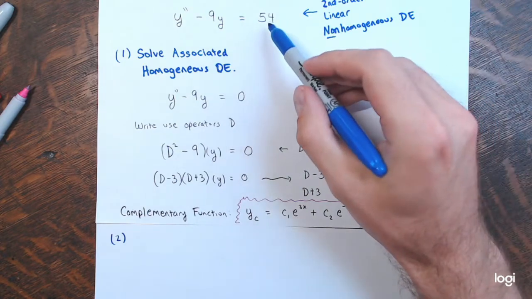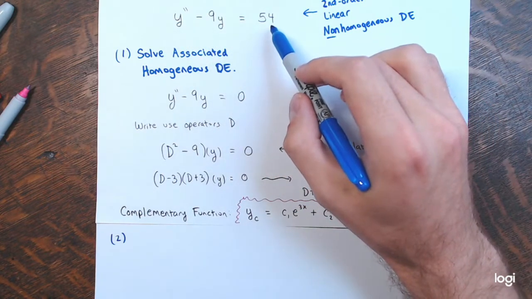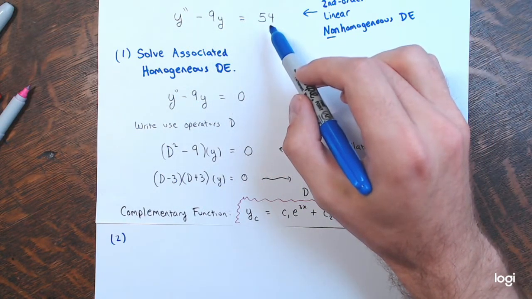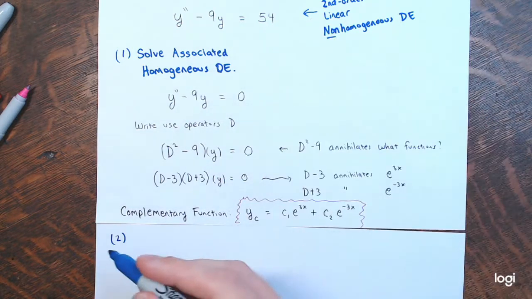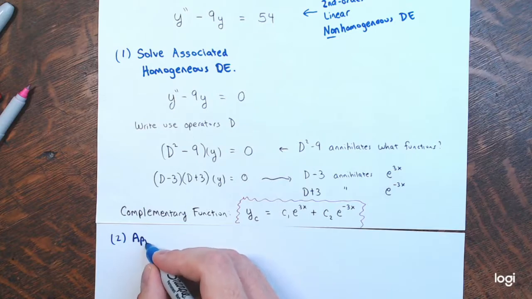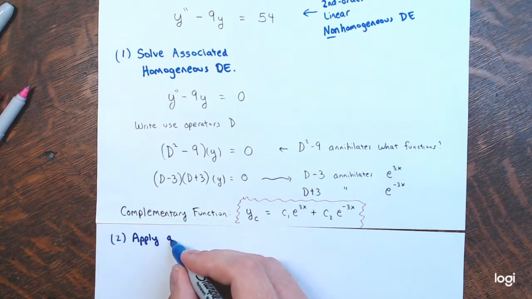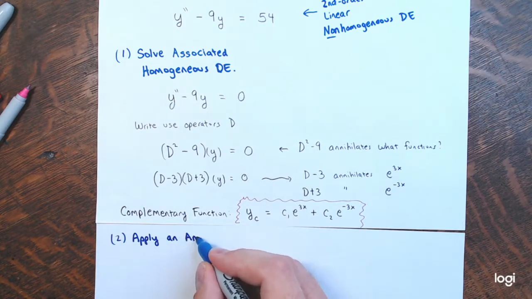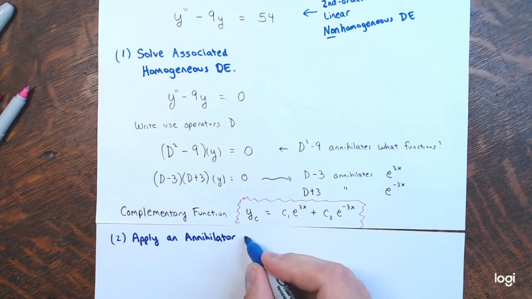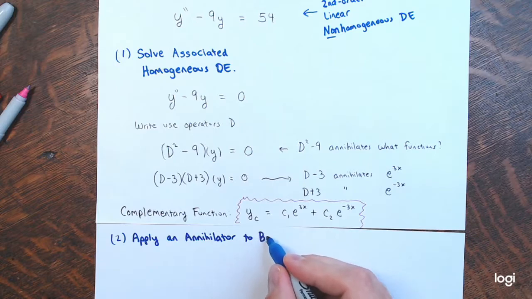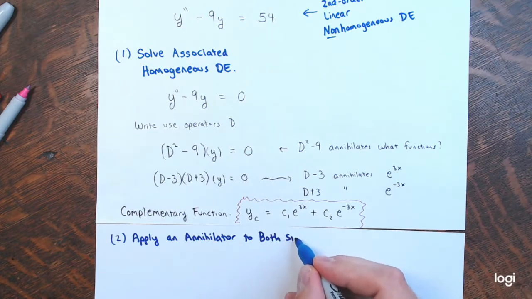We're going to apply an annihilator, basically the annihilator of the side that makes it non-homogeneous, to both sides of the original equation. You'll see what I mean.